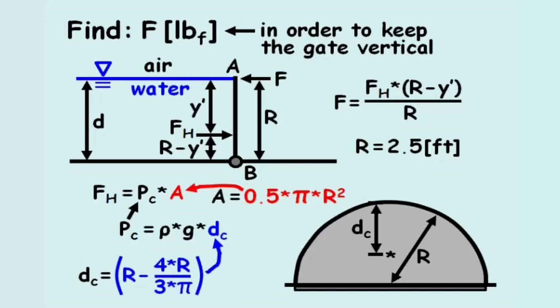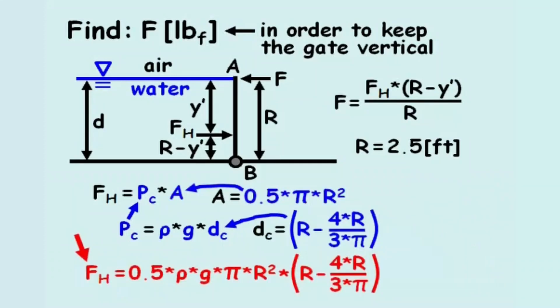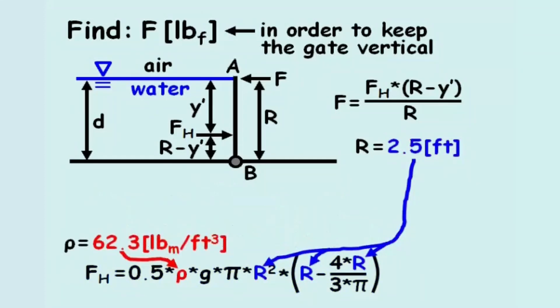After making these substitutions, we'll write out our equation for the hydrostatic force Fh. Since we know the radius, r, we can substitute in that value. For variable rho, the density of water, equals 62.3 pounds mass per cubic foot.